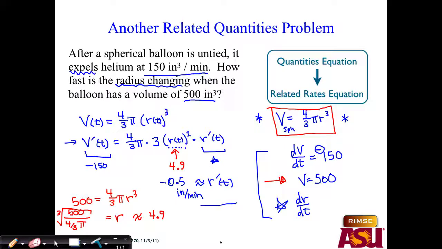Meaning the radius is shrinking by ½ an inch per minute at the point in time when the volume is 500 cubic inches, and all the while the volume is decreasing by 150 cubic inches per minute. At this particular point in time, this is how fast the radius is shrinking. It's changing by negative 0.5 inches per minute, or shrinking by 0.5 inches per minute, approximately.